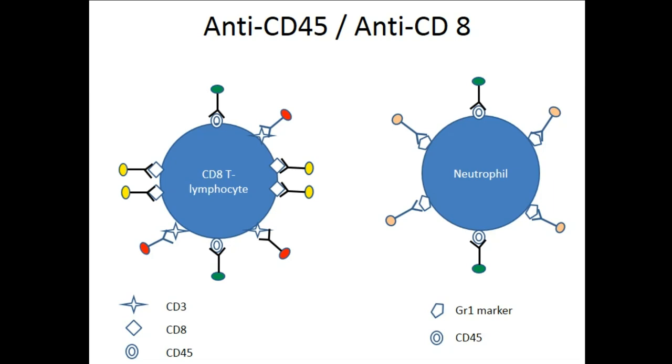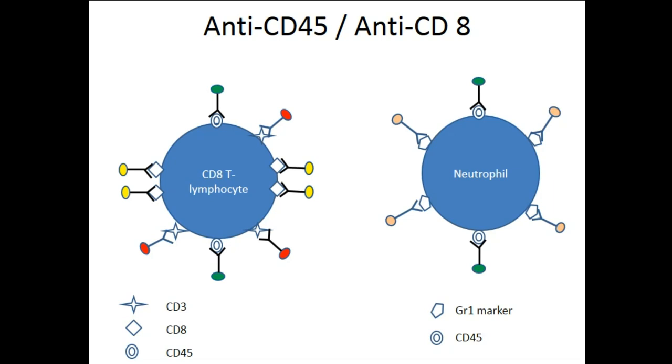You can add antibodies with different colours to target different receptors. And the more colours you can develop, the more targets you can identify. So what you need to grasp is the importance of creating antibodies directed against unique receptors.